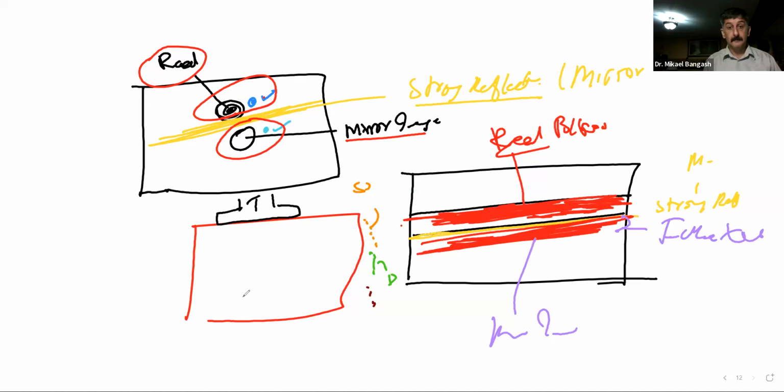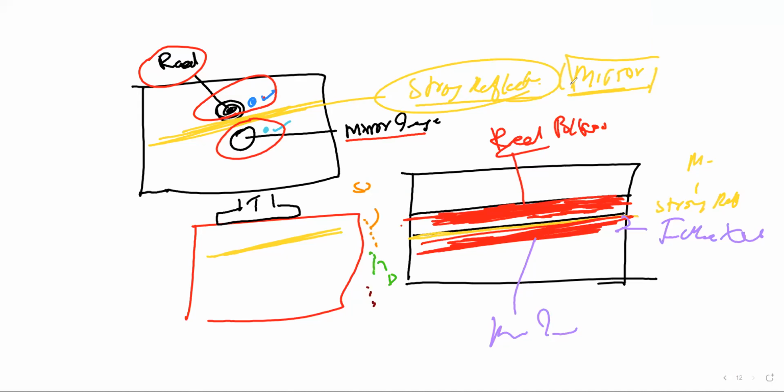Did that make sense? So at some point, there's going to be this strong reflector. Now this is a must. This strong reflector is a must for you to get the artifact that we will call a mirror image, because what this strong reflector is going to act as is the mirror. Did that make sense? Yeah, thank you.